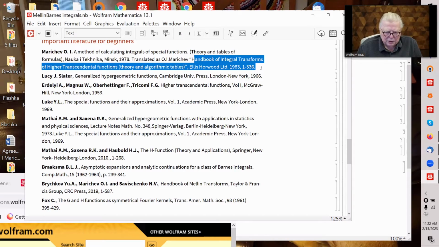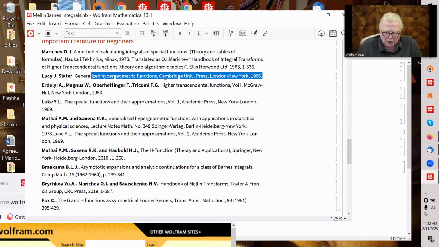It was done by initiative of Harold Exton and Lucy Joan Slater. I have contacts with them by letters. They are very remarkable Great Britain mathematicians, well known.